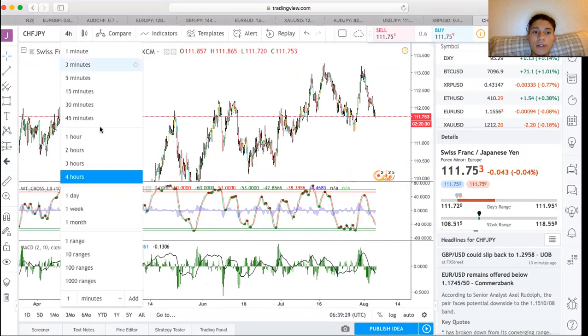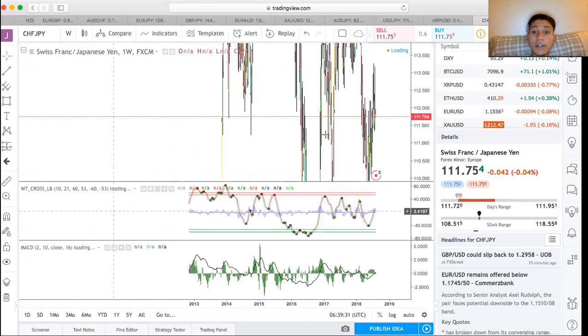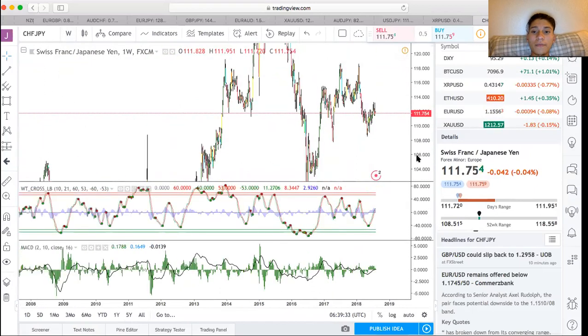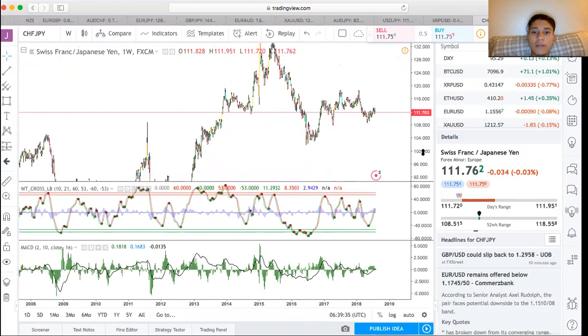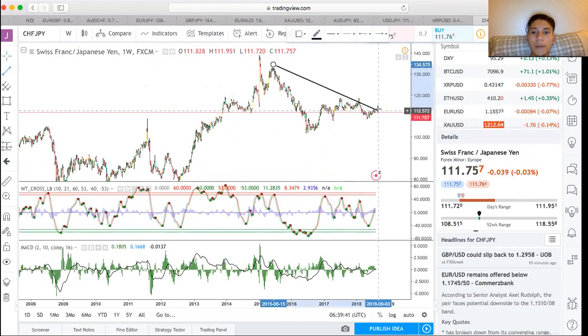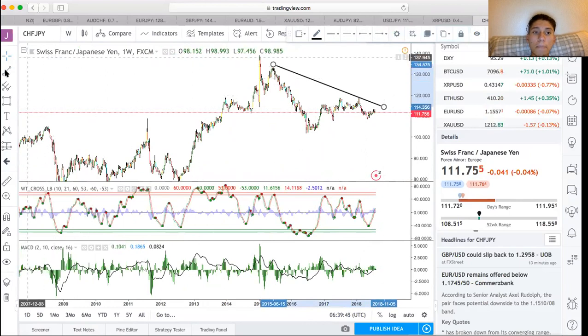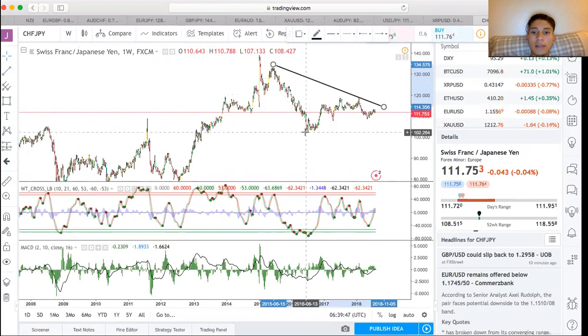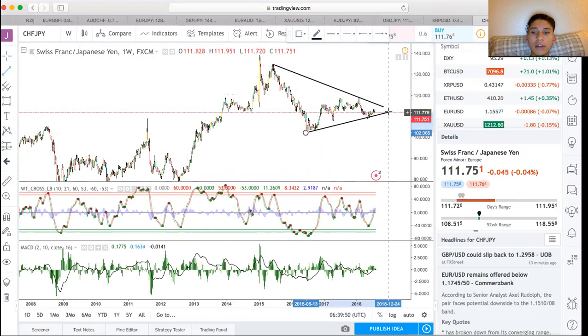So what I usually do is I go on the week chart. First and foremost, I look at the overall trend, right? Overall, looking kind of bearish to me on the week chart. But at the same time, it is kind of going up too.